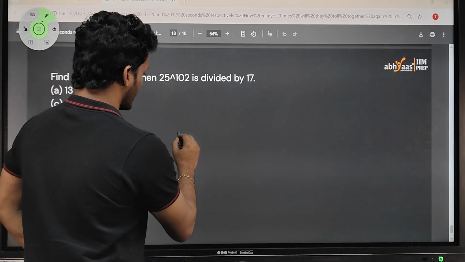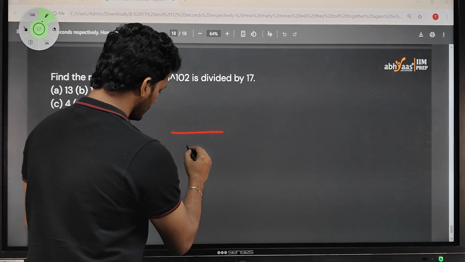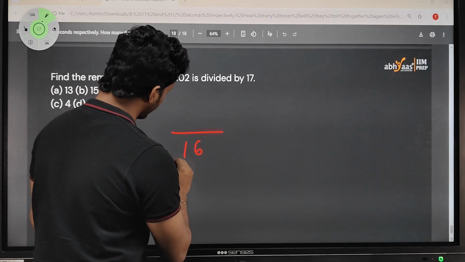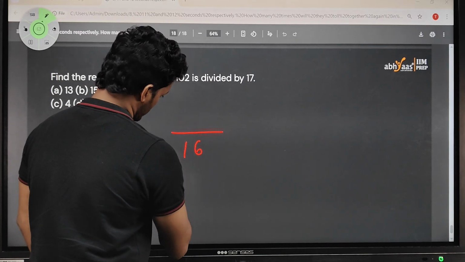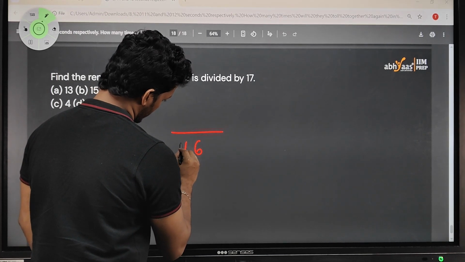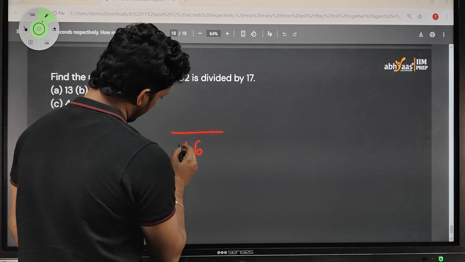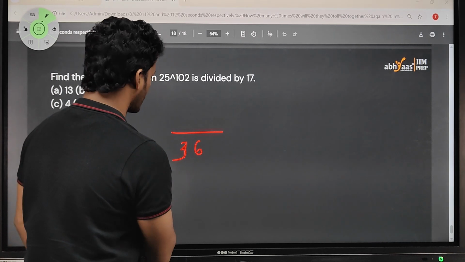Let's say a number x has to be divided by, not 46, but let us say 36.